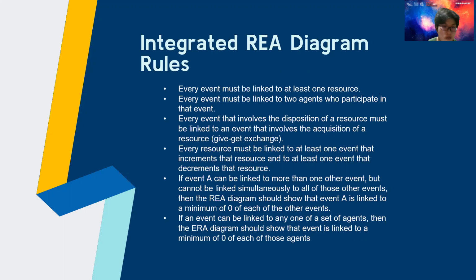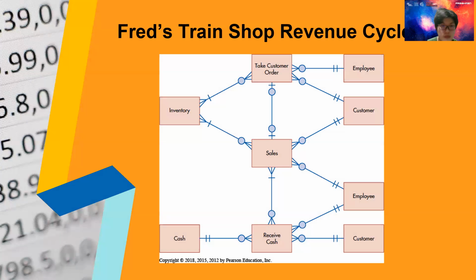If an event can be linked to any one of a set of agents, the REA diagram should show that the event is linked to a minimum of 0 of each of those agents.